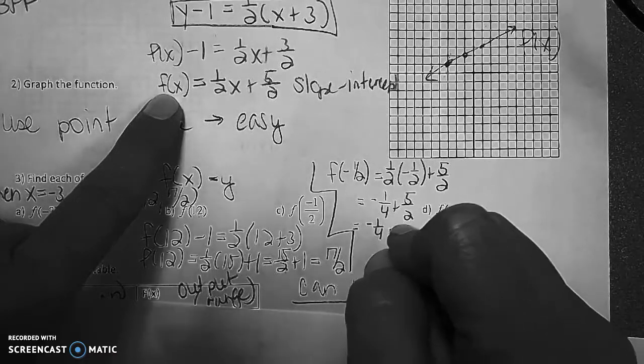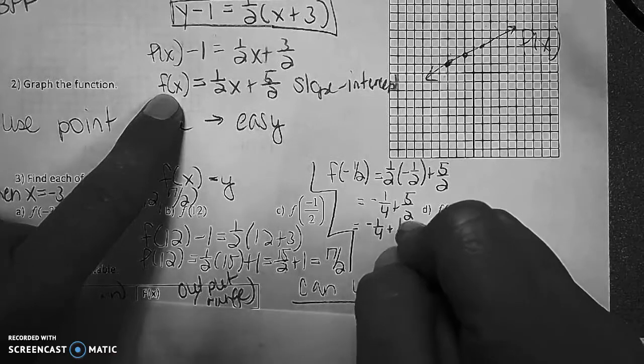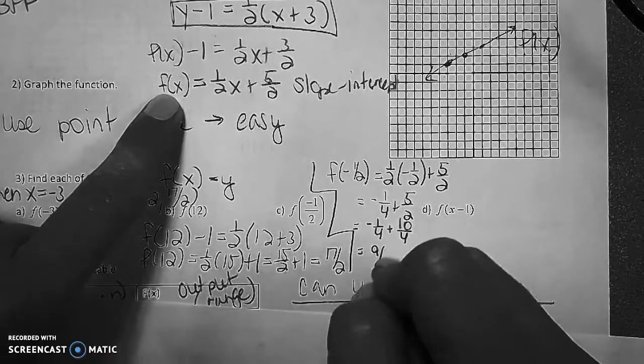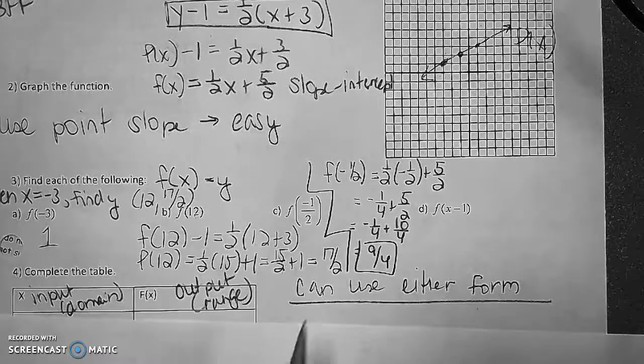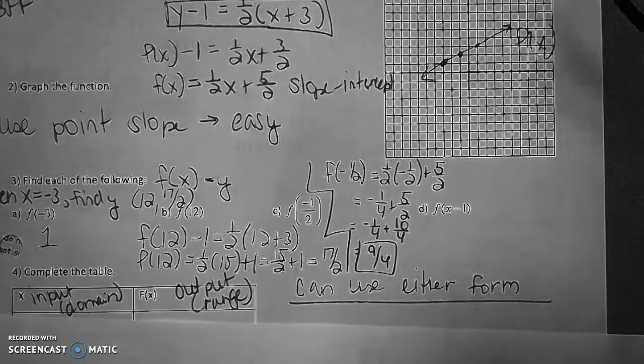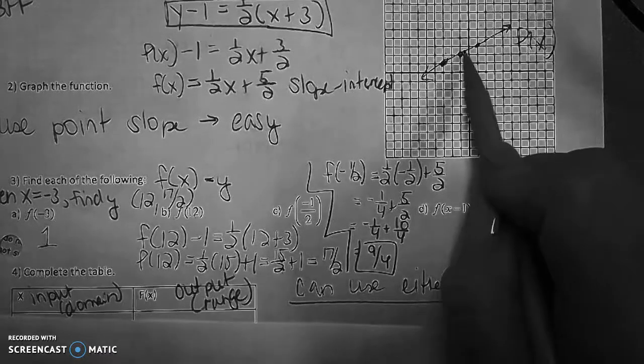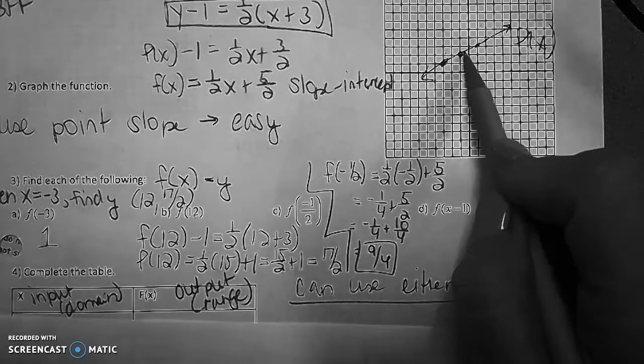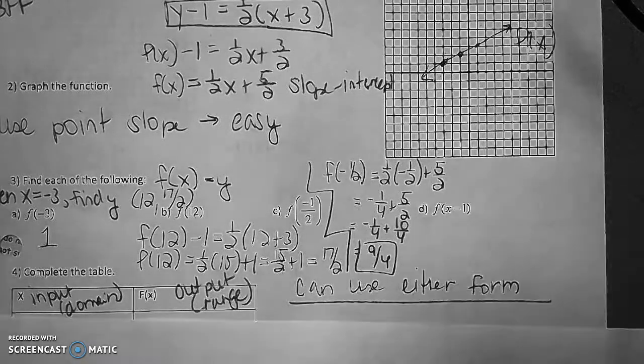So negative 1/4 plus 10 over 4, which gives me 9/4. So f of negative 1/2 is 9/4. And take a look, does the y value there on my graph look like it could be 9/4? And I think it does.